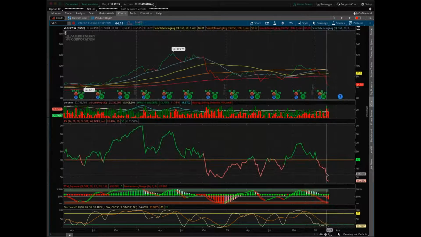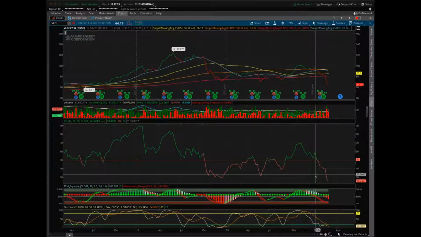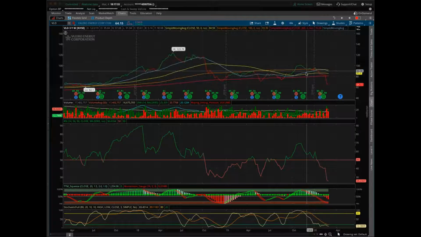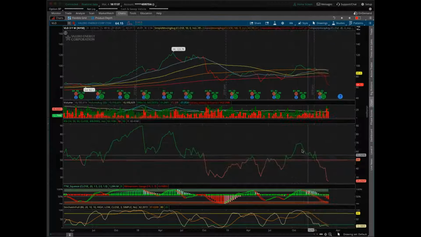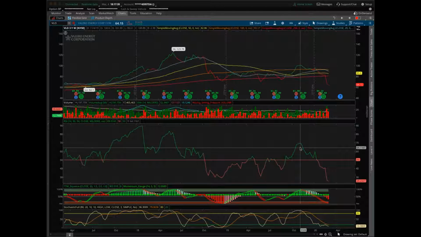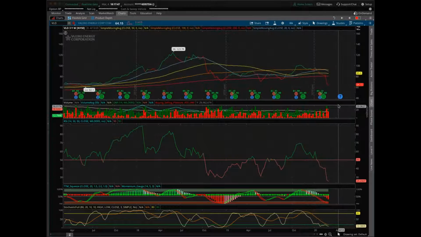The RSI is the relative strength index, telling you how strong the particular stock is. If it's going up but the stock is going down, it typically means buyers are coming in through the back door. Or if the stock price is going up but the RSI is going down, it means people are leaving the stock. There's sellers exiting the back door, and the price is just being inflated artificially, and it's going to tank.